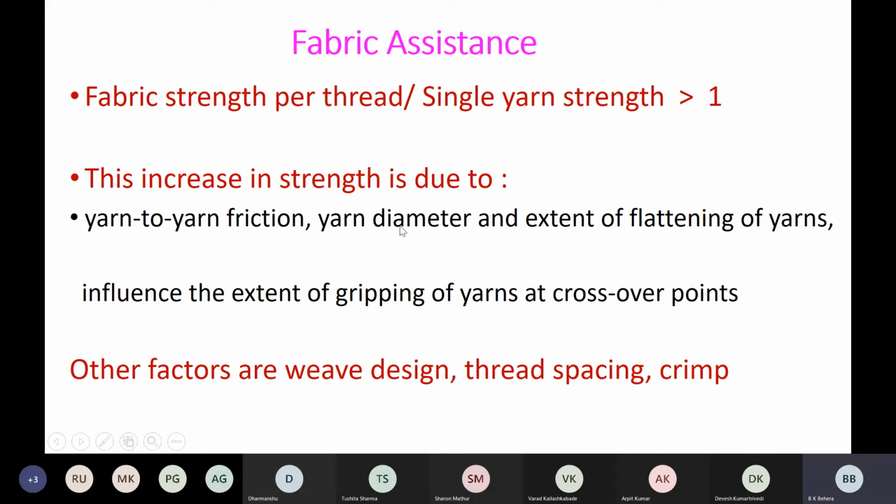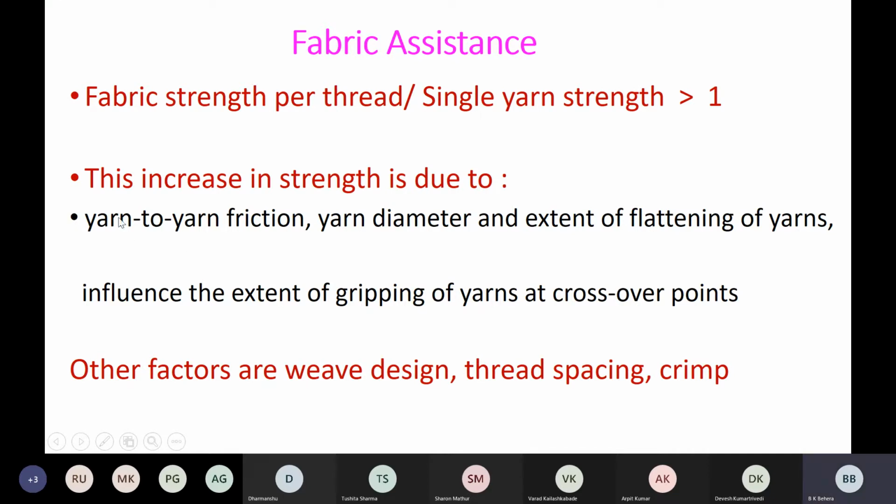Contact area will depend on yarn diameter and extent of flattening of yarn, which we have already seen in the geometry. When yarn goes into fabric at crossover points, yarn gets flattened. It is no more a circular cross section. It is converted to a different cross section, elliptical or racetrack or rugby football. So yarn gets flattened. That means contact area increases.